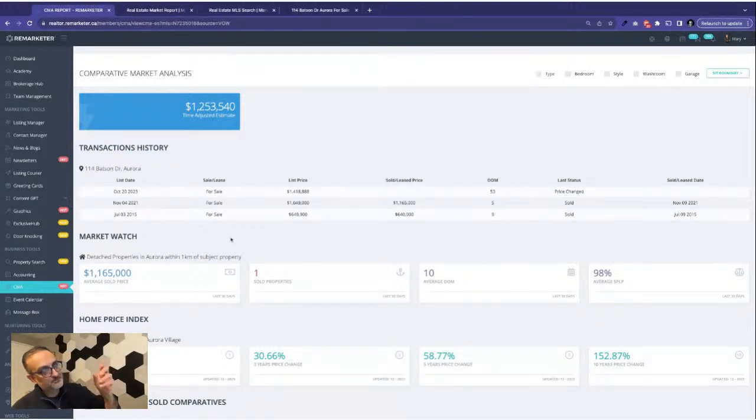All right, so we've got a couple of different things that you can use. The first thing here is the time adjusted estimate. So this property is listed on the market, but it was sold back in 2021 at $1.165 million. So let's go back to November 2021. Firstly, a little bit of story that you can tell your clients about this property is that it kind of seems like a stress sale, right?